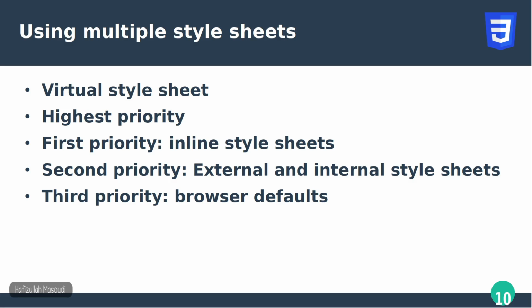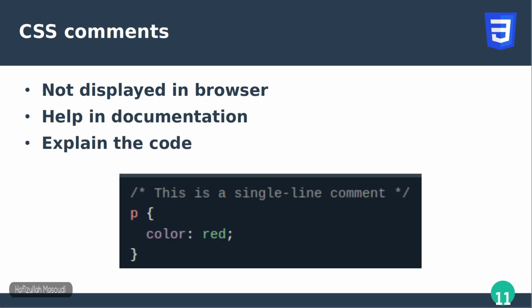So the first priority is for inline styles inside an HTML element, and the second priority is given to external and internal styles in the head section in their defined order. So the last one will be applied, and the third priority is for browser default styles. So keep this in mind. So you know now that the inline style has the highest priority and will override external and internal styles and browser defaults.